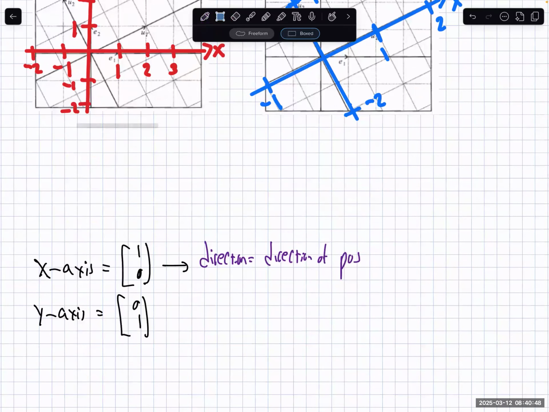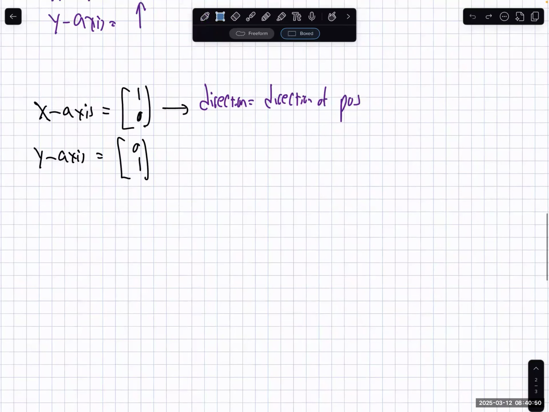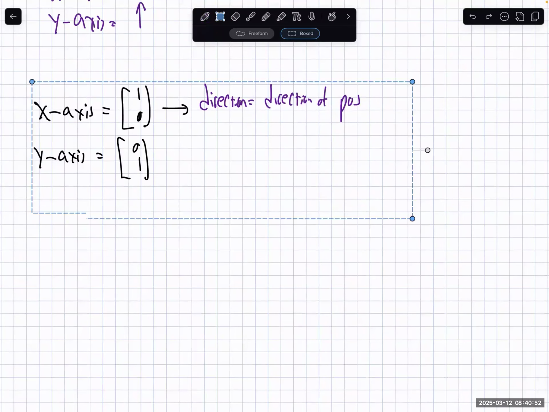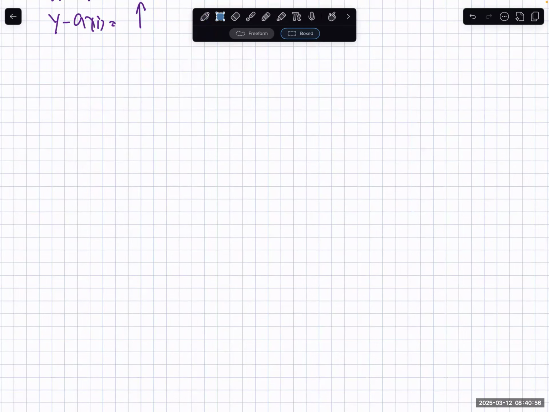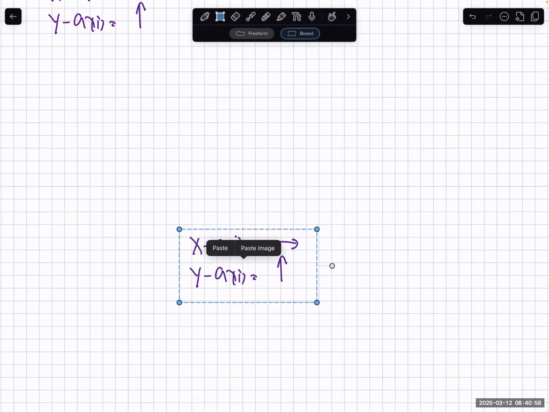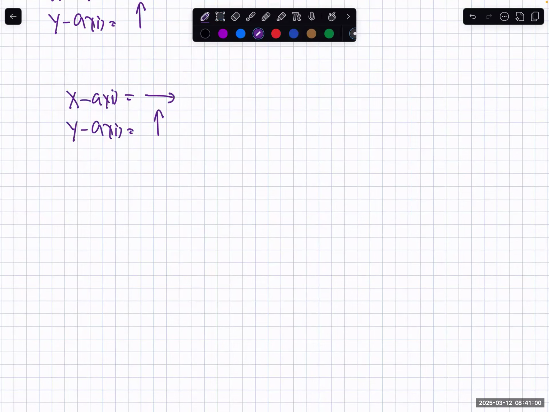So if I'm given these 2, there's my x-axis vectors.